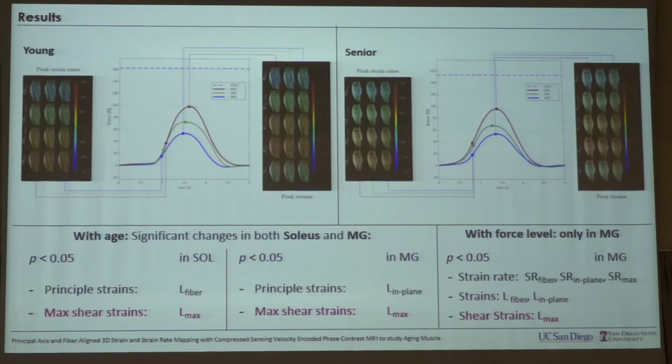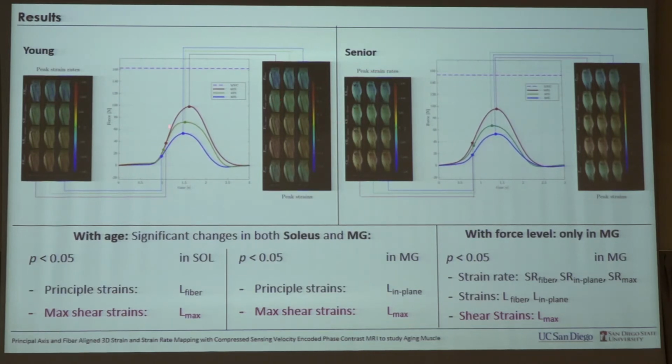This is one of our favorite slides. What this shows is a comparison between young and senior, okay? And within that young and senior, we are looking at these strain parameters, strain rate parameters, as the force has been varied as shown out here. The force is changing from 30, 40 to 60% MVC.